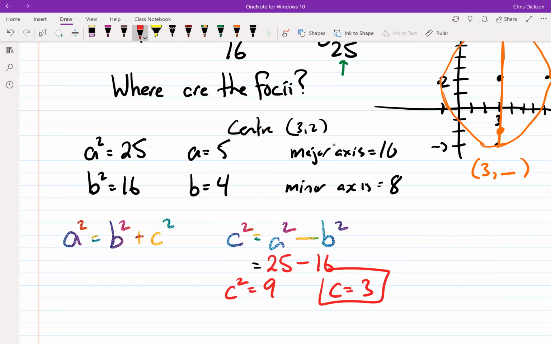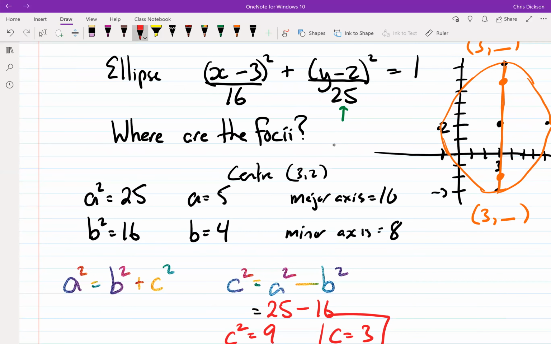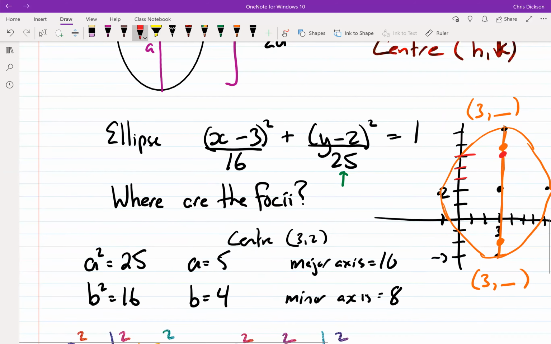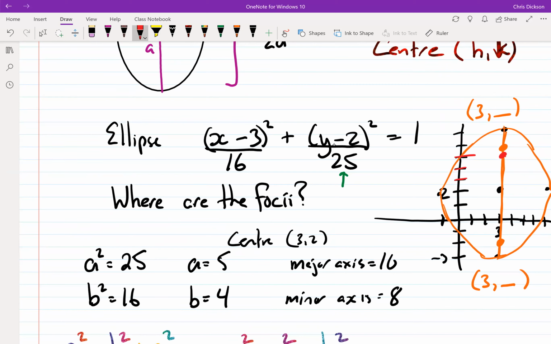So basically, I have to go up 3 and down 3 from the center to find the foci. So I go 1, 2, 3. That's pretty close. And that would be 3 comma 1, 2, 3, 4, sorry, that's 1, 2, 3, 4, 5. So 5. Okay. And then I go down 3. So that would be 1, 2, 3. So about there. So that would be 3 comma negative 1 then.